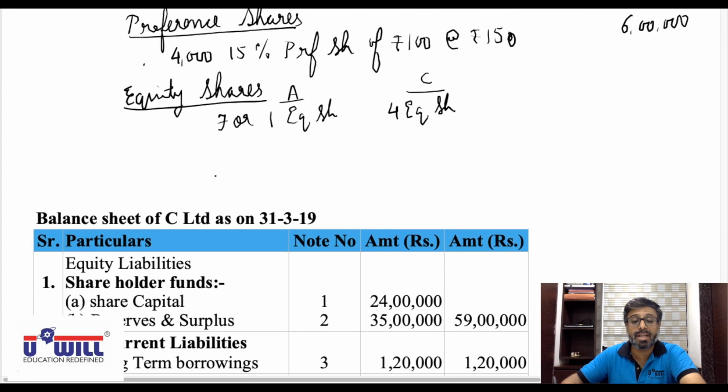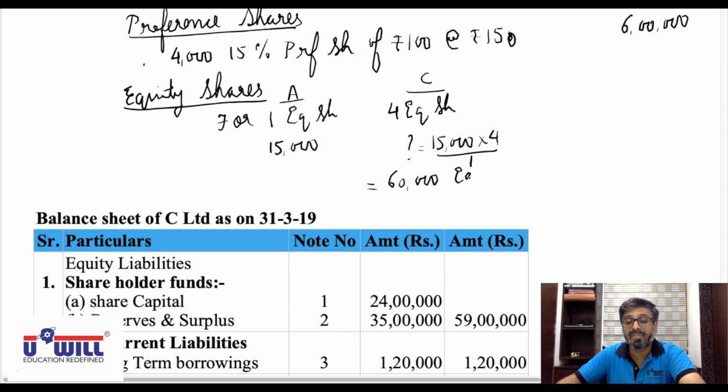So for 15,000 equity shares, how many will be issued? 15,000 into 4 divided by 1. 60,000 equity shares will be issued.